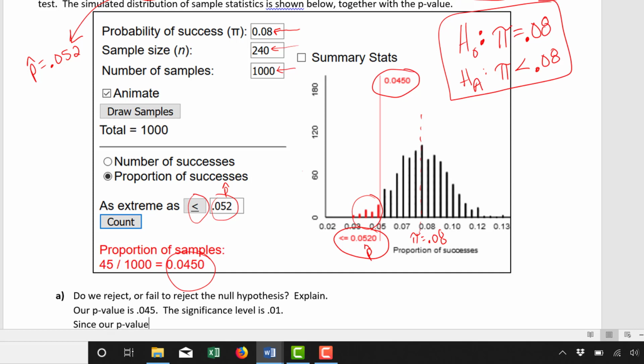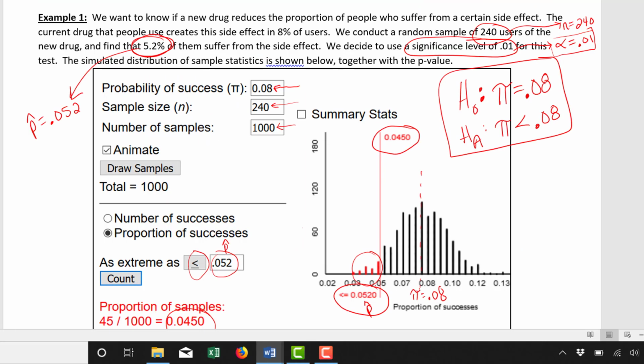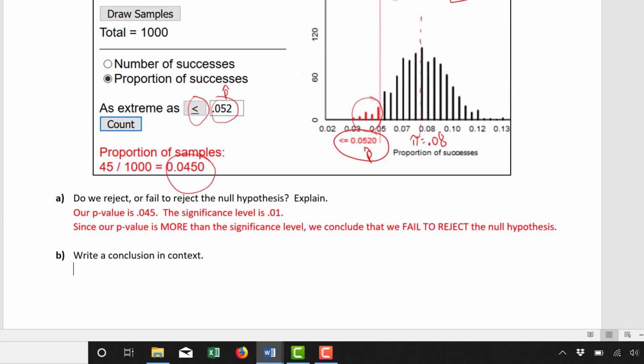Since our p-value is more than the significance level, we conclude that we fail to reject the null hypothesis. Since we're failing to reject the null hypothesis, we are going to support the alternative hypothesis. So our conclusion is we have strong evidence in support of the alternative hypothesis. We have strong evidence that the new drug is causing the side effect in less than 8% of users. It's reducing the side effect rate.